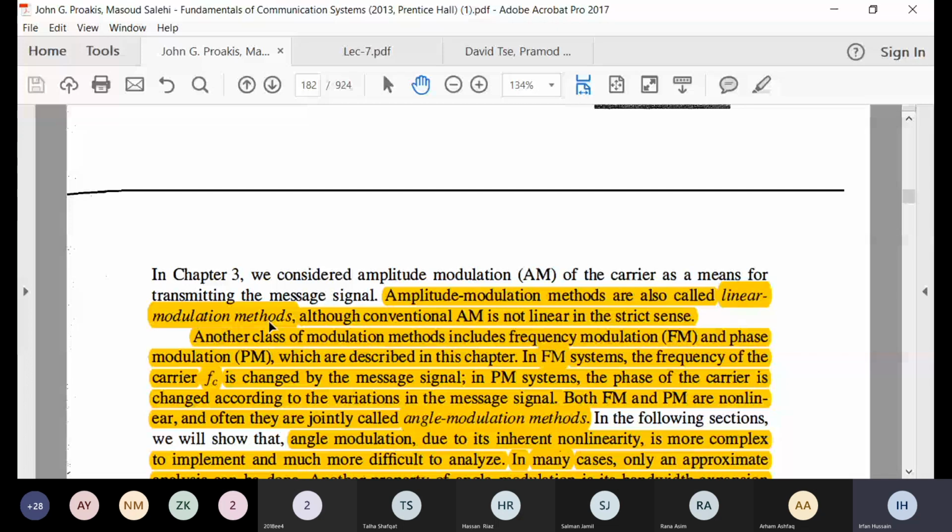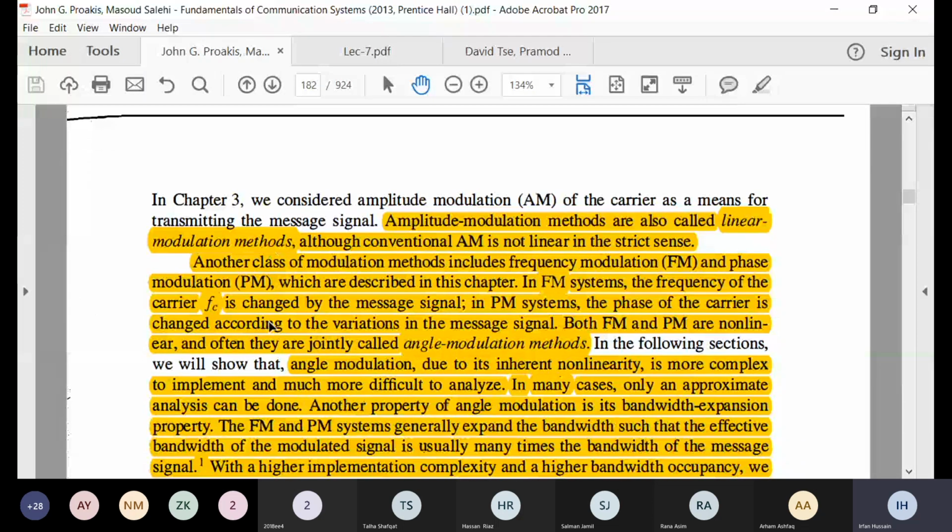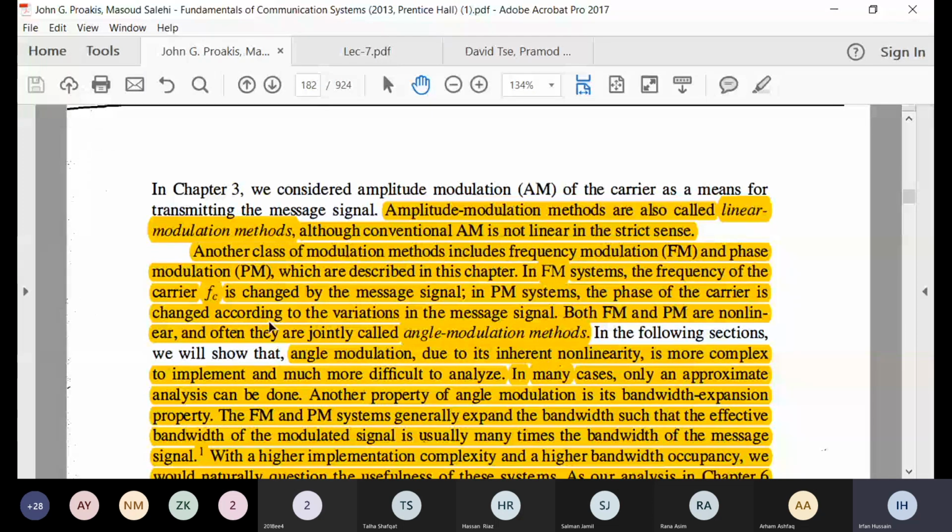But what happens for angle modulation? Angle modulation is completely non-linear. It also changes the spectrum. It does not shift the spectrum as for AM. It actually changes the spectrum drastically. There are two methods. One is called FM, the other is called PM.